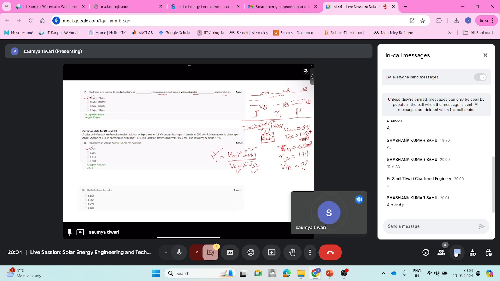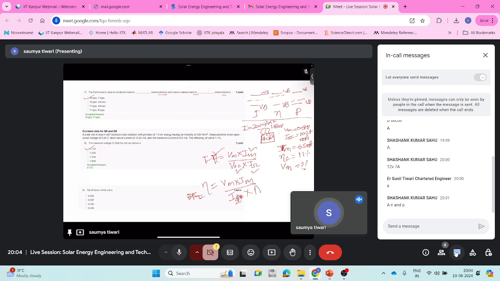Now the second term asked is the fill factor. Your formula for efficiency is Vm into Im upon your incoming solar IT into your area.